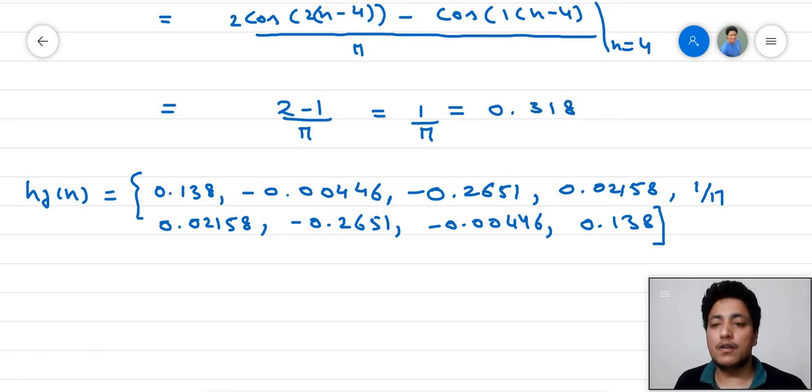So we will substitute that value so that it will match with the other values.